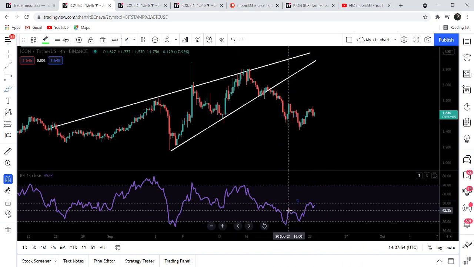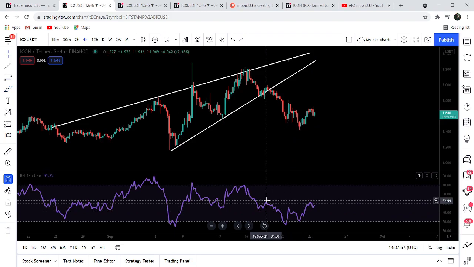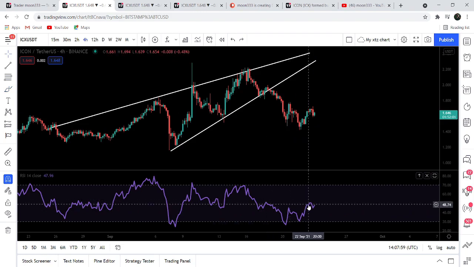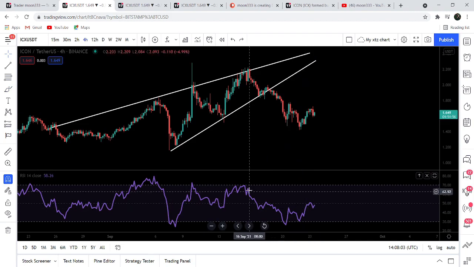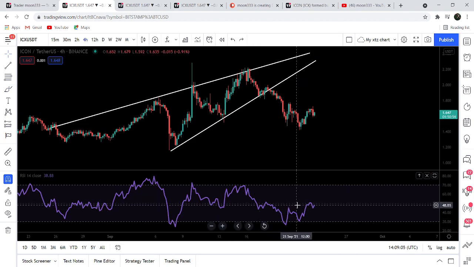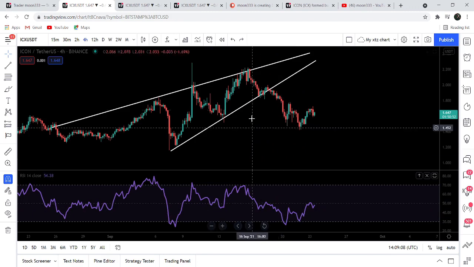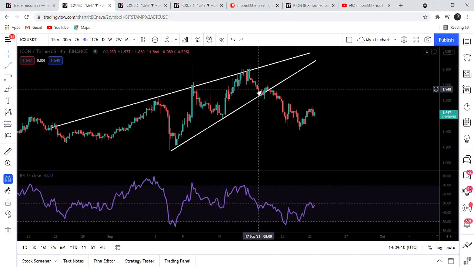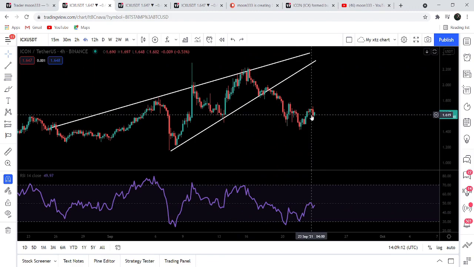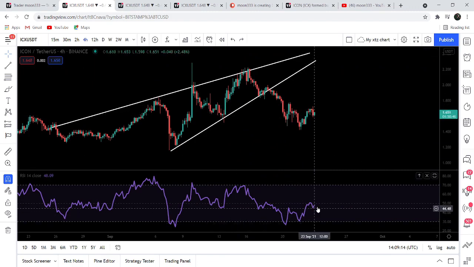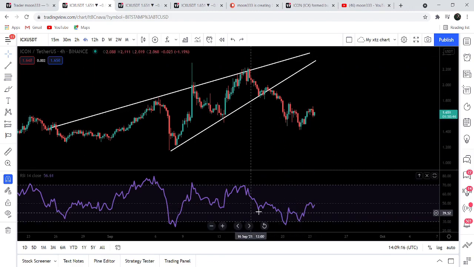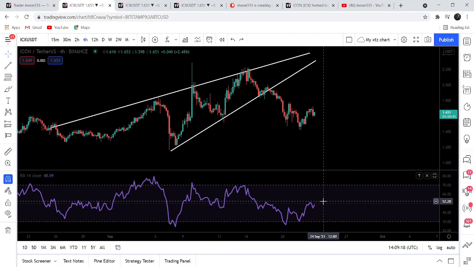You can see that one high we have here that is lower than the previous high, and the next high is formed higher than the previous high. So the RSI is not forming lower highs, whereas the price line is still forming lower highs, but the RSI is forming a higher high now. Therefore, this is a bullish divergence on the 4-hourly time frame.